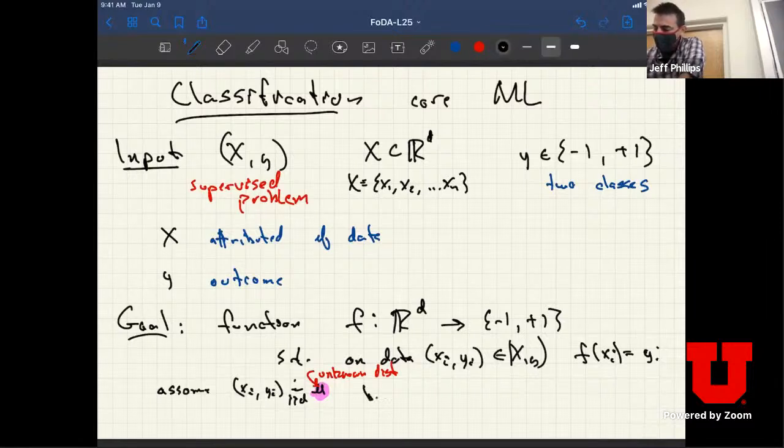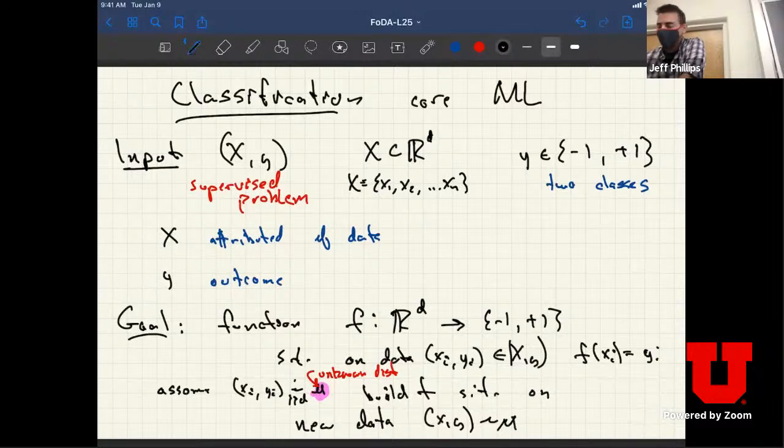I want to build f such that on new data x, y, that's also from this same distribution, f of x equals y, right?